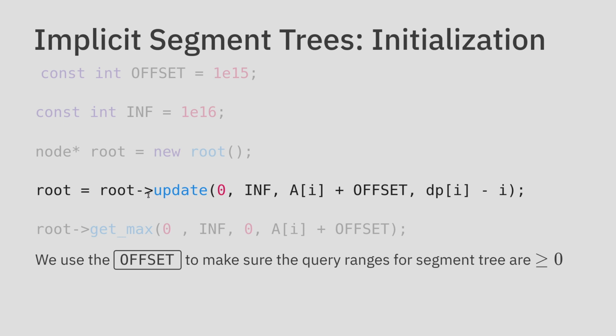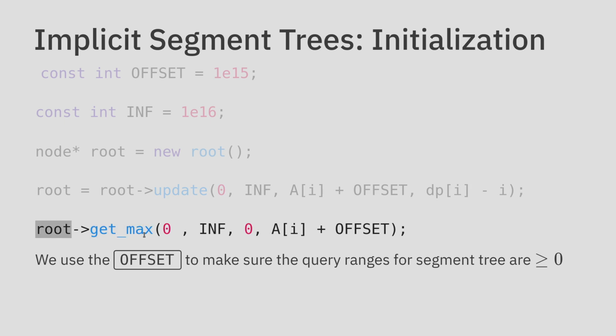So root stores the maximum from 0 to infinity, and we are asking it to update this index with this value. And if you want to get the maximum, we are saying that the root consists of the maximum from 0 to infinity. Now give me the maximum from 0 to a i plus offset range.